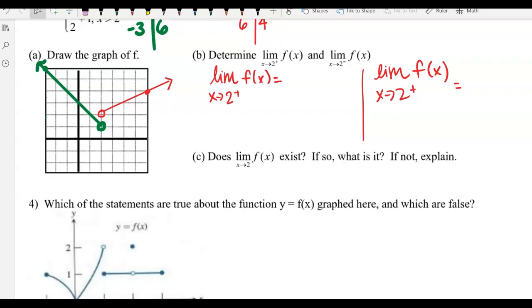So just like what it said, guys, if you guys are looking for the limit as x approaches 2 from the right, which is the correct piece? The orange, well, looks like red from here. The orange piece or the green piece? If we're looking for the limit as x approaching 2 from the right side, which piece? The orange piece, right? Just like what it says. You look at the graph, you imagine yourself on the right side.